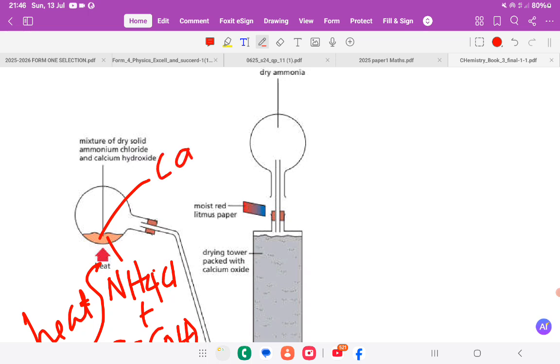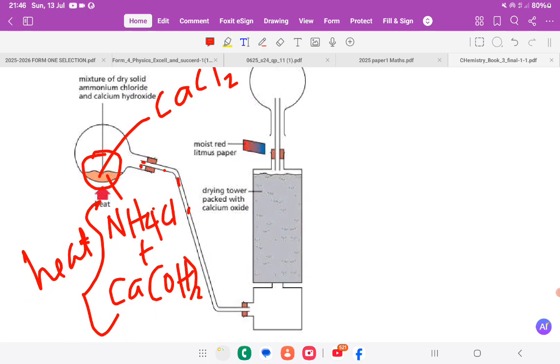Calcium chloride, CaCl2, will remain here, but water vapor, which is gaseous, and the ammonia, will pass through this tubing up to this beehive here. This is called a beehive.